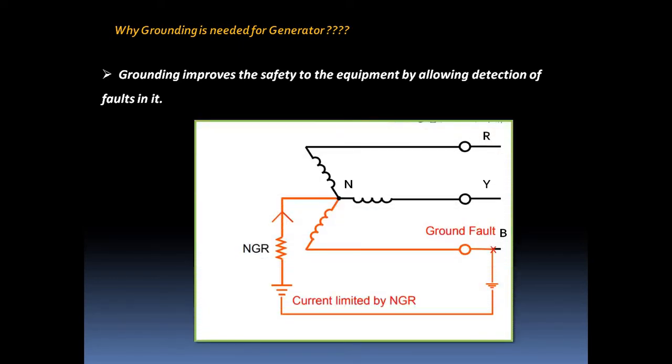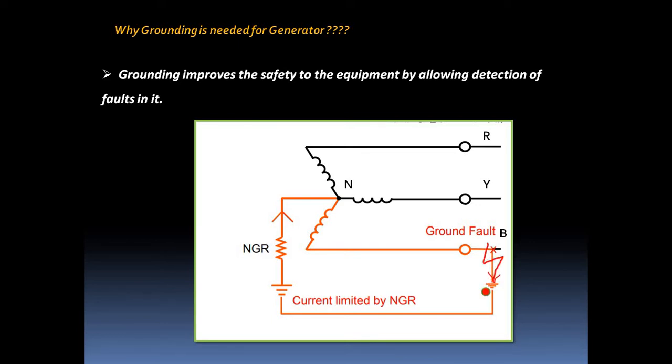Here, I am considering a generator with the neutral grounded by resistance. At B phase, I'm considering that a line to ground fault is occurring, so we can see here the B phase got earthed.